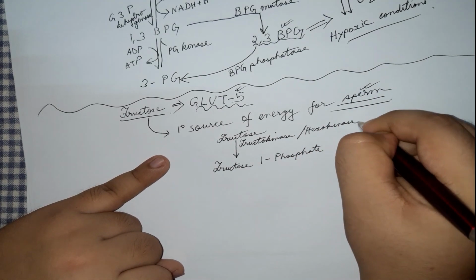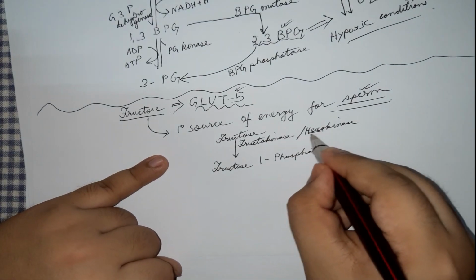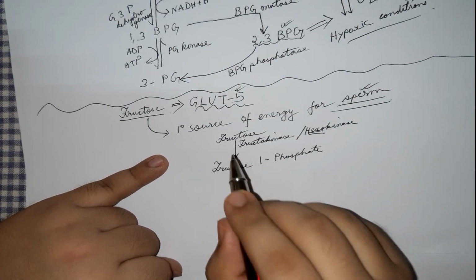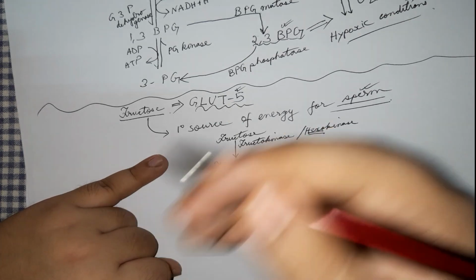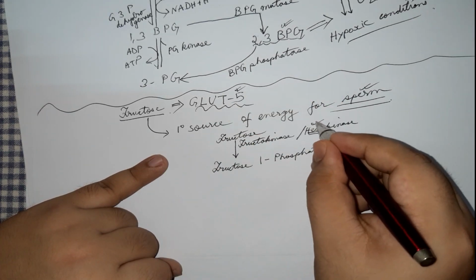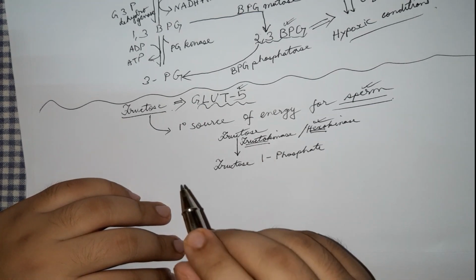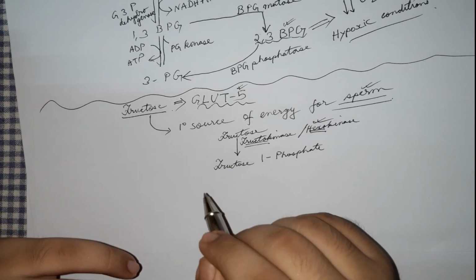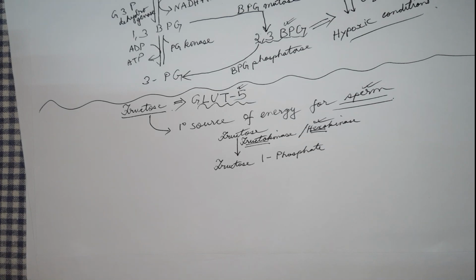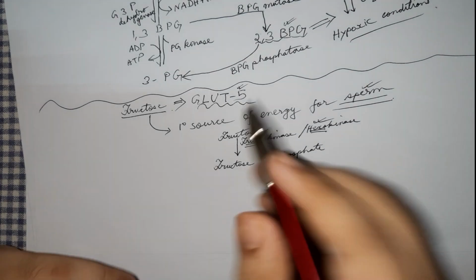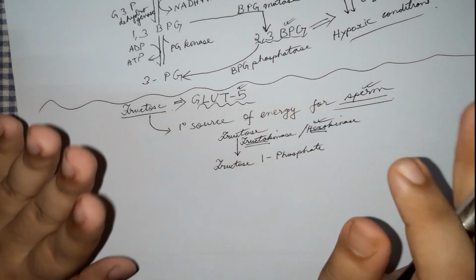Interesting. Hexokinase, hexose sugar. So this is a common kinase, and fructokinase is more specific for fructose, just like glucokinase was more specific for glucose, but hexokinase is common to both.